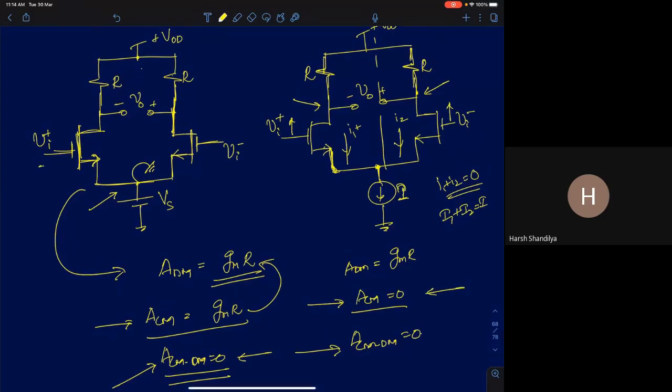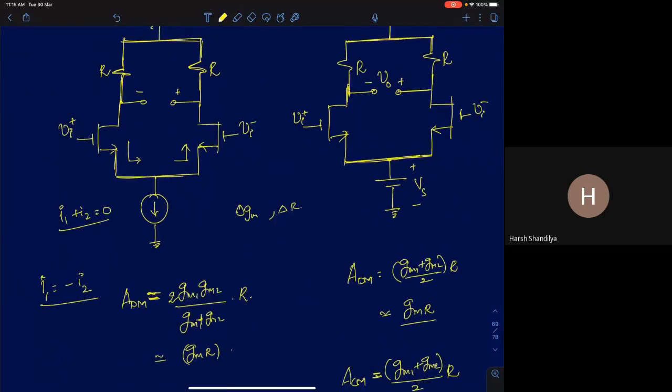They behave very differently as far as ACM is concerned. The voltage bias differential amplifier offers a really large common mode gain, whereas a current bias differential pair offers a very low common mode gain. And we said for this reason, we prefer a current mode differential amplifier.